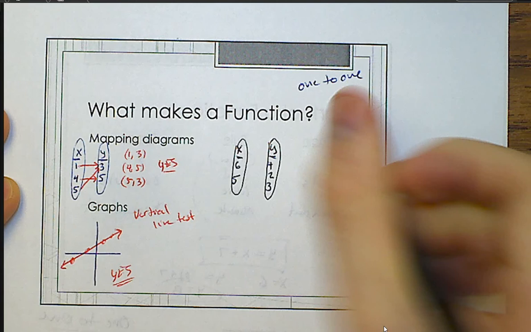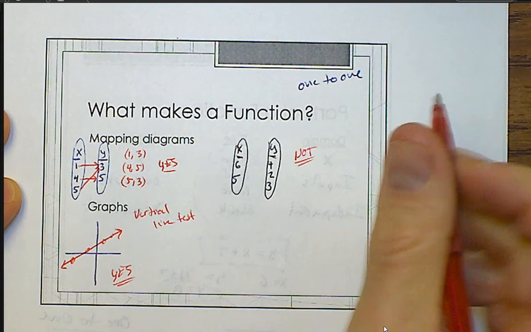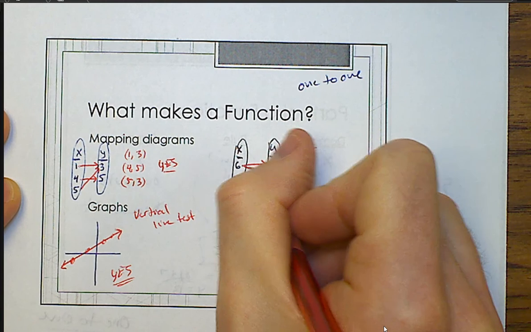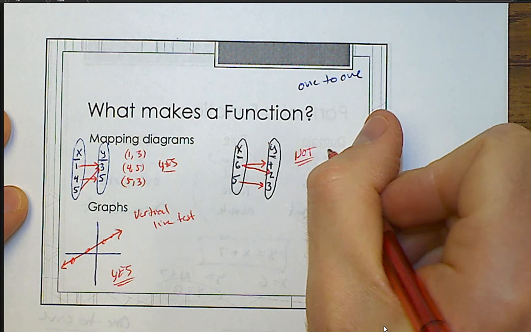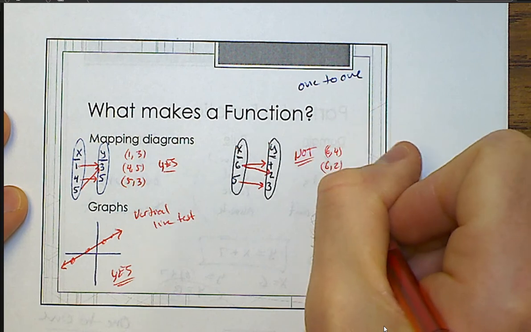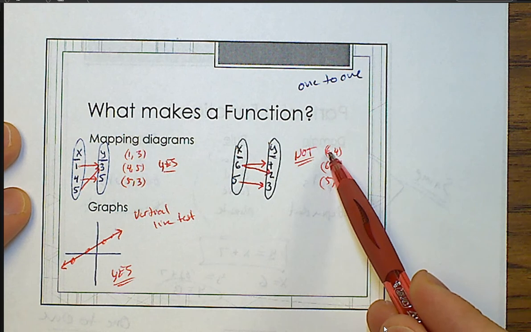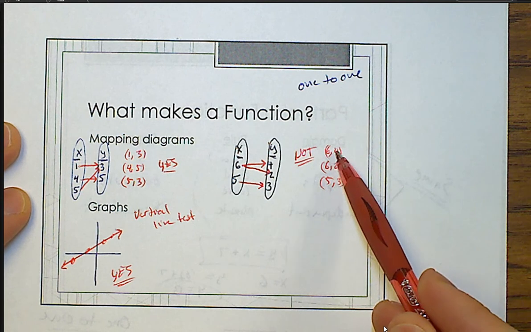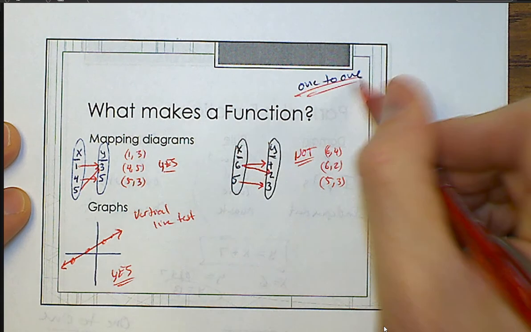So this is an example of not a function. So 6 going to 4, 6 also going to 2, and 5 going to 3. Well, you can see if you make ordered pairs, 6, 4, 6, 2, and 5, 3. What's the problem? The problem is 6, the input, has more than one output. It has 4 and it has 2. That is not one-to-one. 6 is going to 4 and to 2.